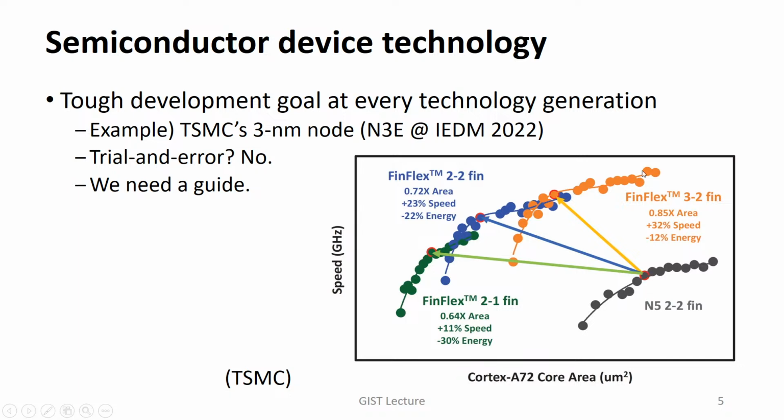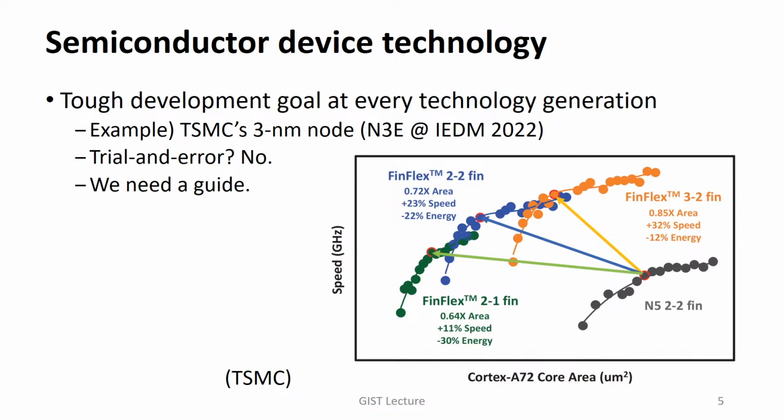Also, this direction is higher speed, also a good direction. Although they provide three different options, all of them have the same trends: smaller area and higher speed with improved power efficiency, so reduced power consumption. So this is quite a big deal to make true.